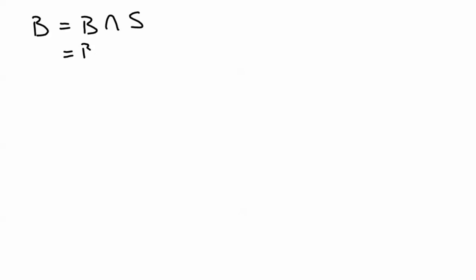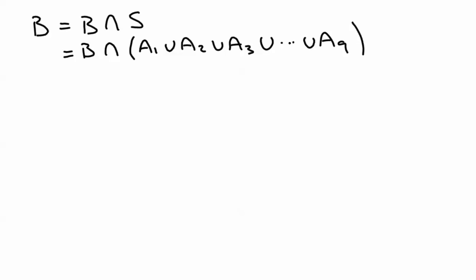I can rewrite this as B intersect the exhaustive union of A1 and A2, A3, all the way up to A9. All right? This is because of the notion of a partition. Events A1 through A9 partition my sample space.